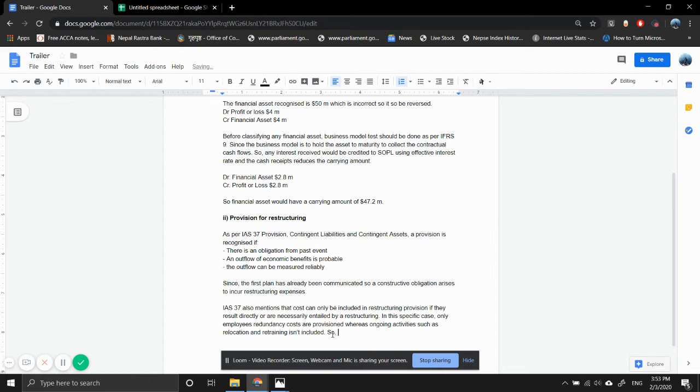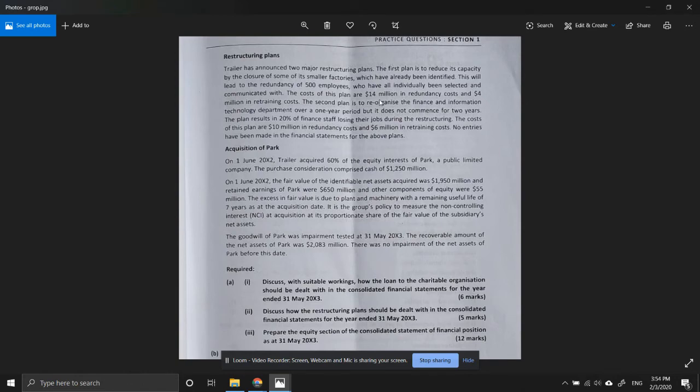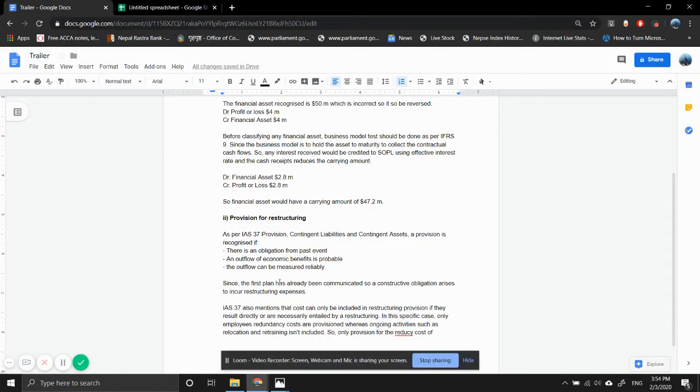So only the provision for the redundancy cost. How much is that? 14 million, right? The 4 million is retraining cost, so that's not included. So only 14 million is recognized.